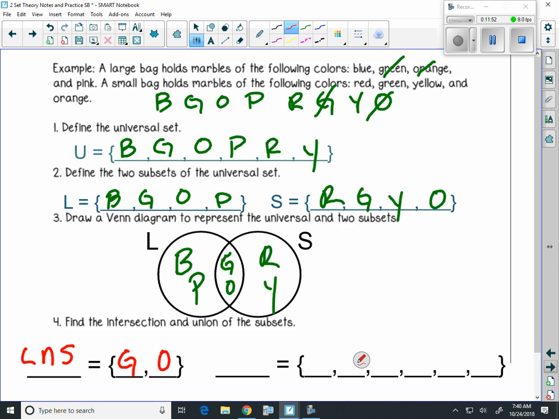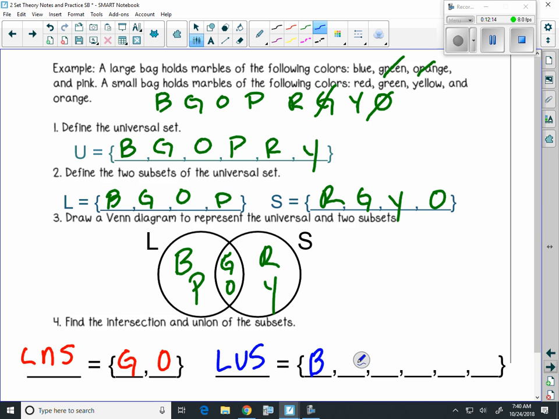Now, the union. That'll be L or S. What's the union going to be the same thing as? You already have it out. Yeah, the universal set, where we take both of them and we put them together with no repeats.